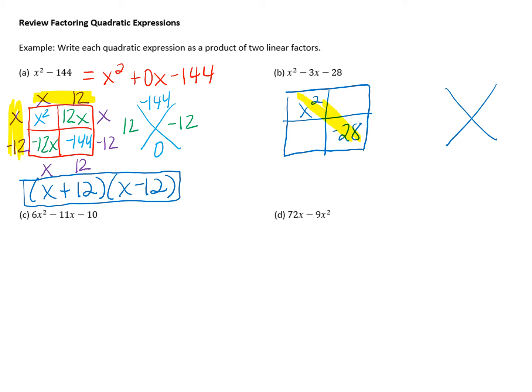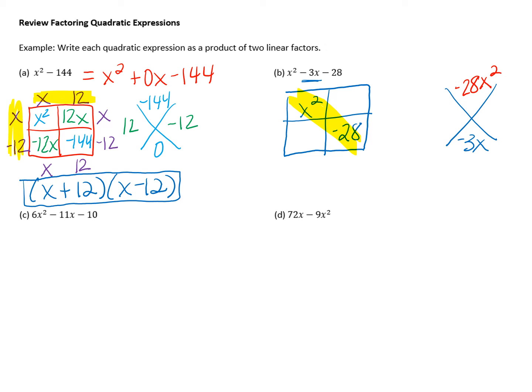We always talk about what multiplies to give me this diagonal. And when I multiply that, that's going to give me a negative 28x squared. So I'll include the x this time. And then I want to see what's going to add up to give me that middle term. And that middle term was that negative 3x.